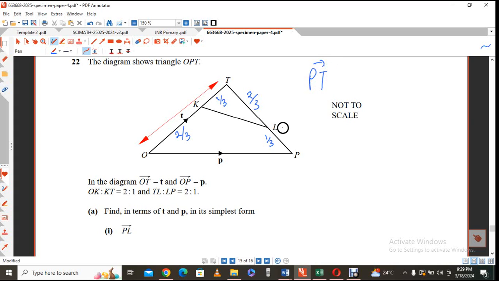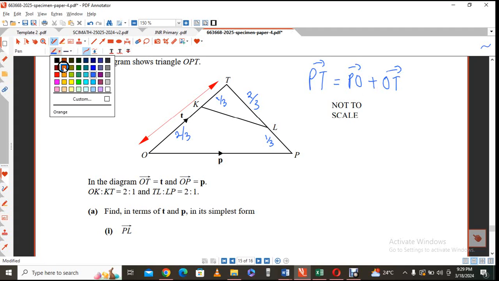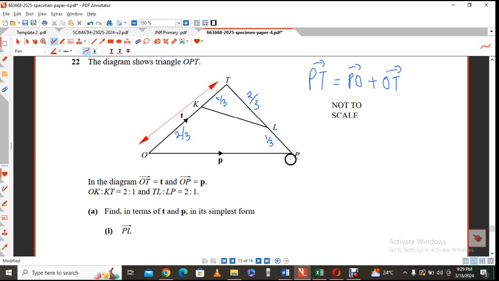And I'll write it here. PT, looking at my PT over here, that is going to be equal to PO plus OT. Okay, so I can play around with that using the vectors. I know that PO goes against that P, so I'm going to say minus P plus, of course, you're going to put a line underneath it, and OT is represented by T. But we're now looking for the distance PL.